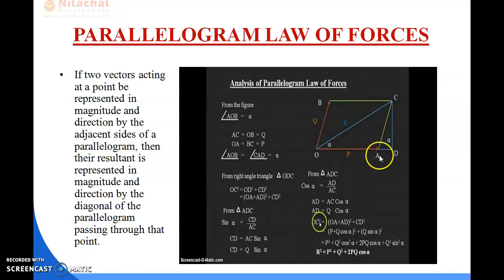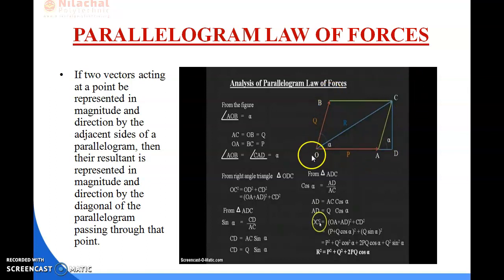So AC is equal to OB because both are parallel to each other and both have the Q force.